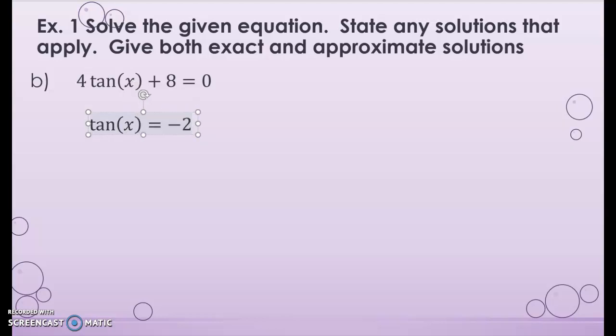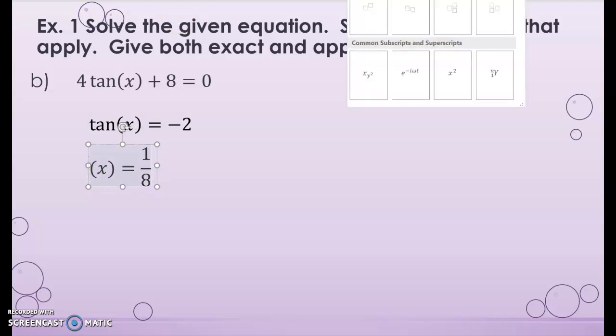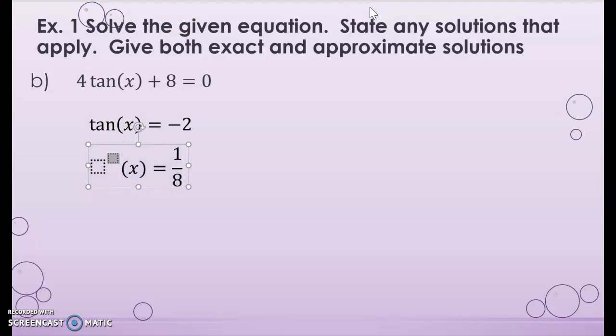Now, do we know any special right triangle ratios? The answer is probably still no. So I'm still going to be using my calculator for this. So I'm going to be changing this to the inverse tangent of negative 2, which is equal to x.